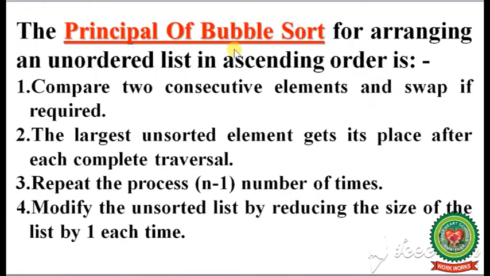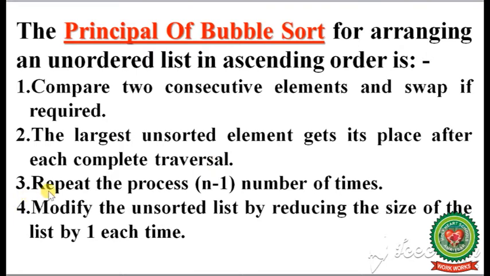The principle of bubble sort for arranging an unordered list in ascending order is: number 1, compare two consecutive elements and swap if required. Number 2, the largest unsorted element gets its place after each complete traversal.